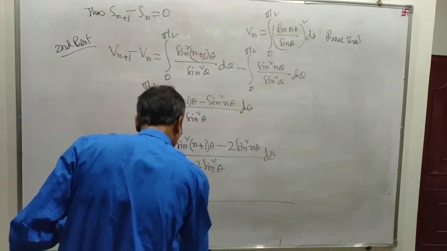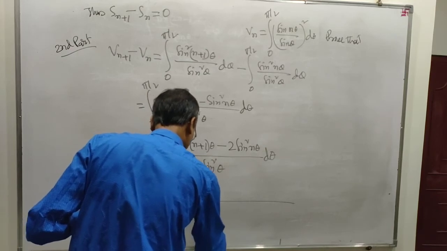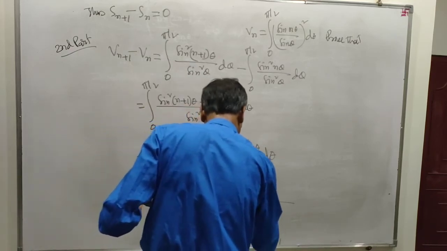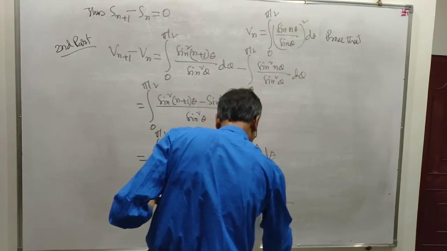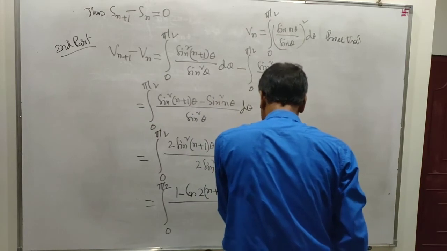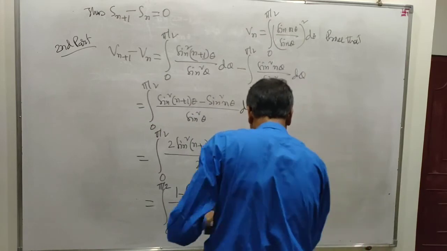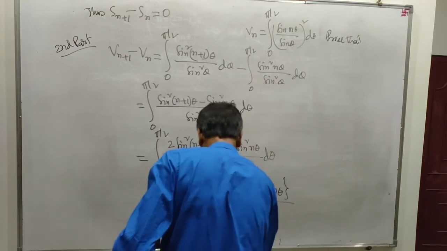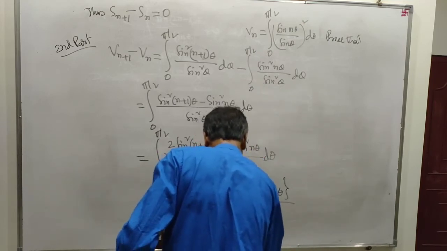So it is 1 minus cos 2(n+1)theta, minus again 1 minus cos 2n theta, divided by 2 times sine square theta d theta.